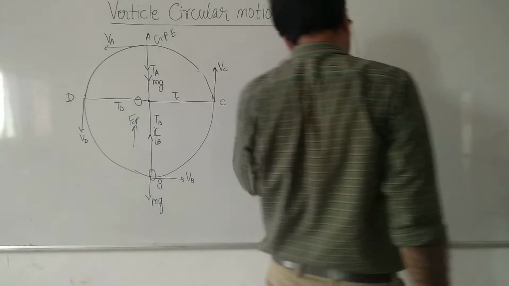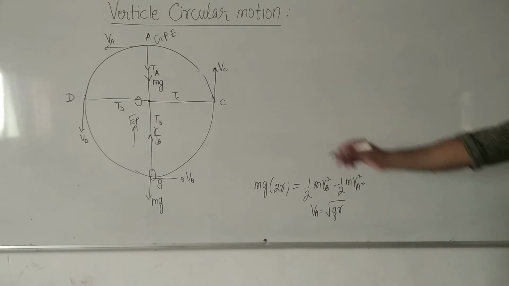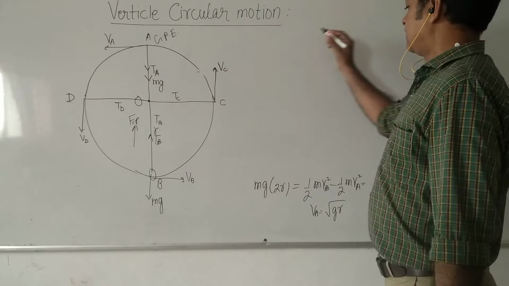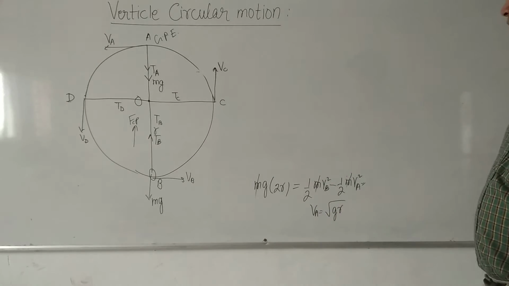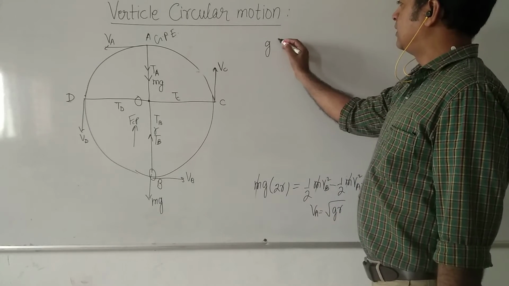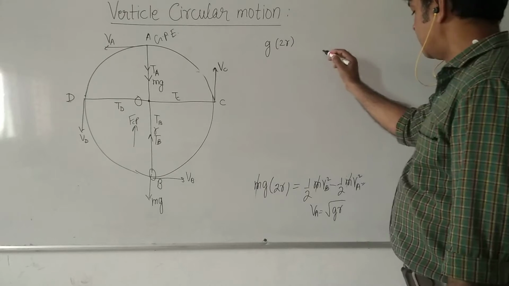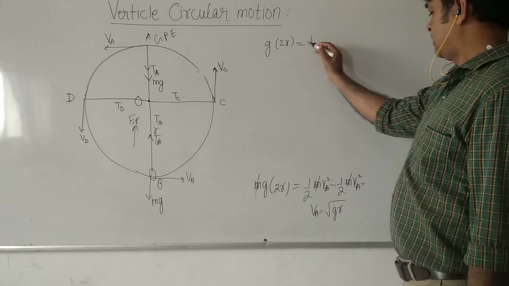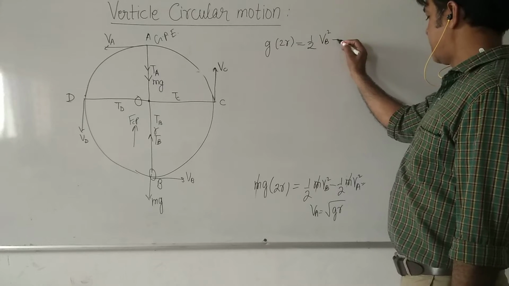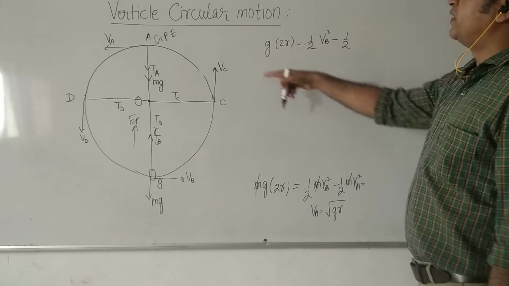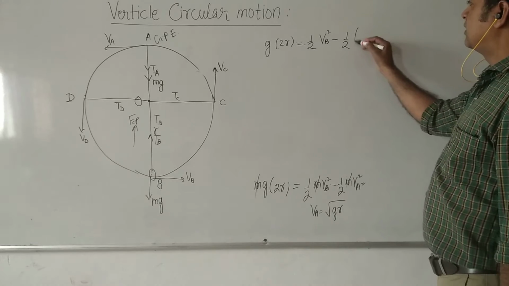Now again solving. M cancels both sides. g 2r equal to half Vb square minus half Va square, the value of Va square is gr.